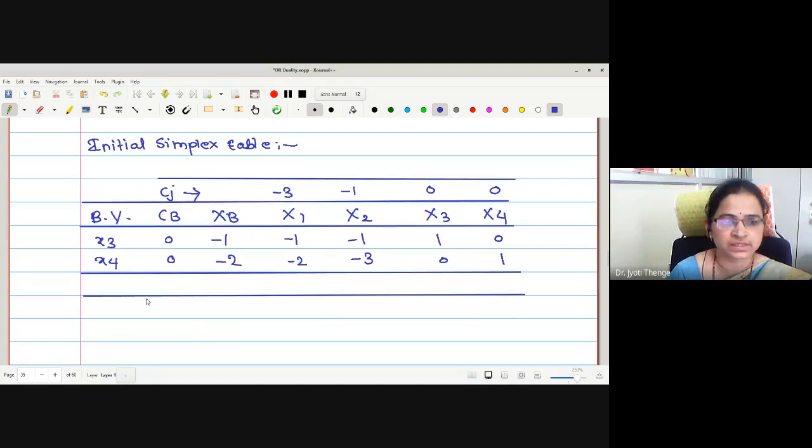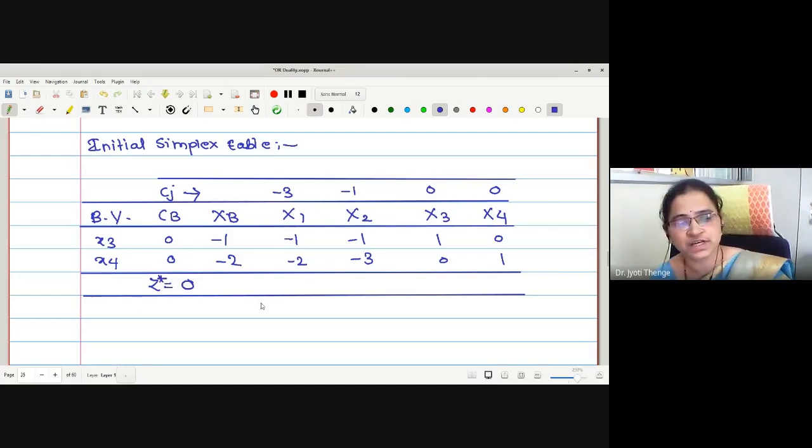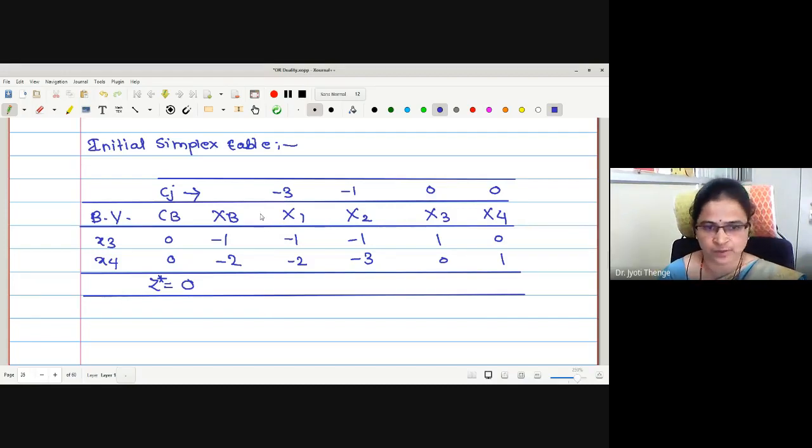Now what should the next step be? Z is equal to CBXB. What is Z equal to CBXB? It is 0. Sorry, Z star, not Z. If Z star is 0, what is Z? 0, because Z star is minus Z. What are the net evaluations? For the first variable, CBX1 minus C1.